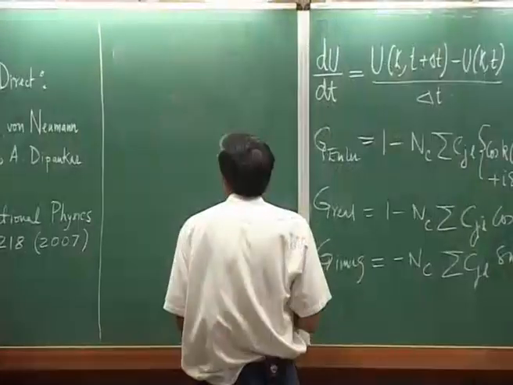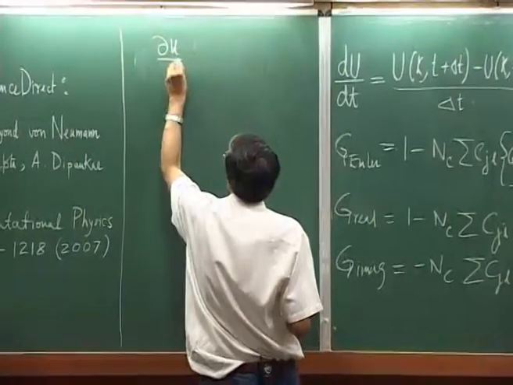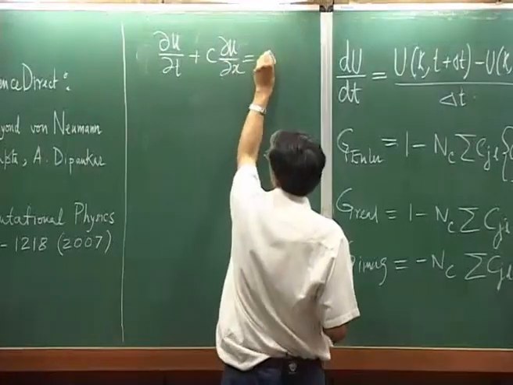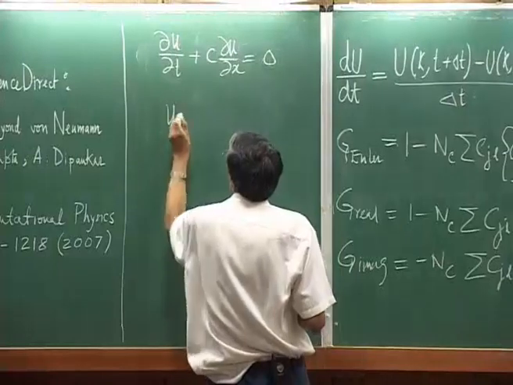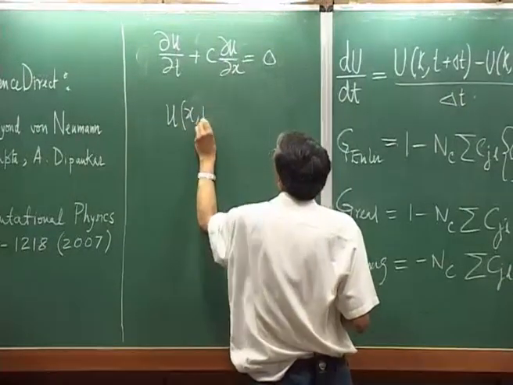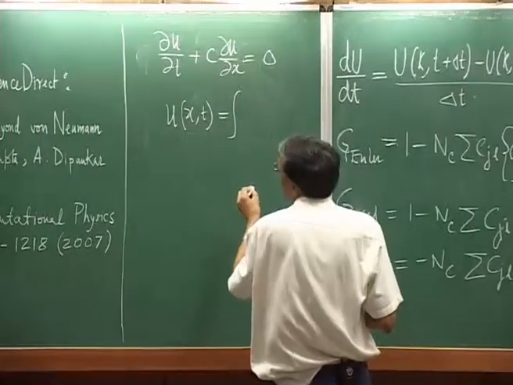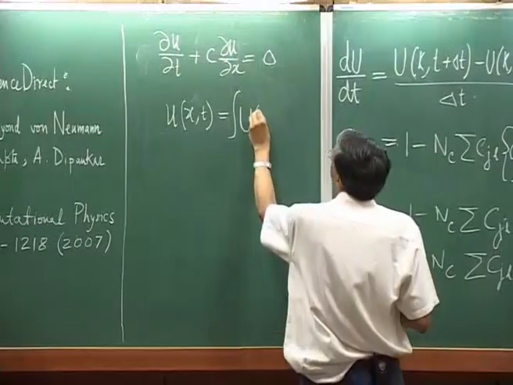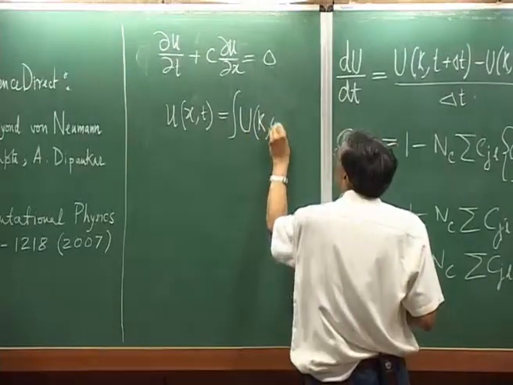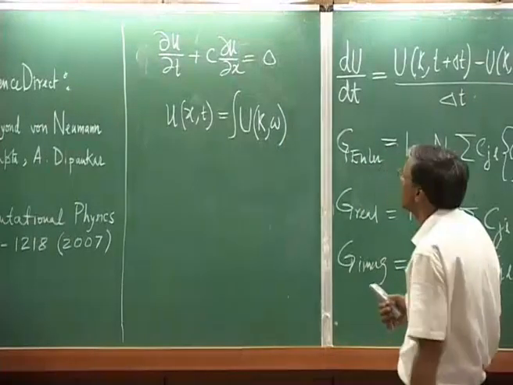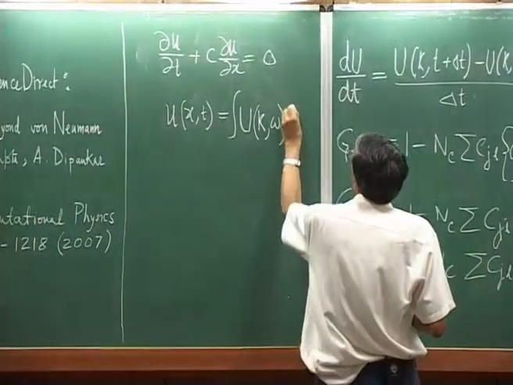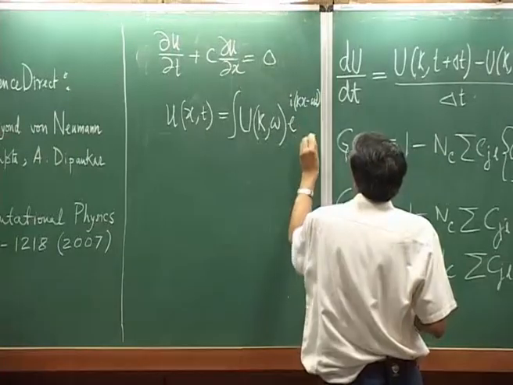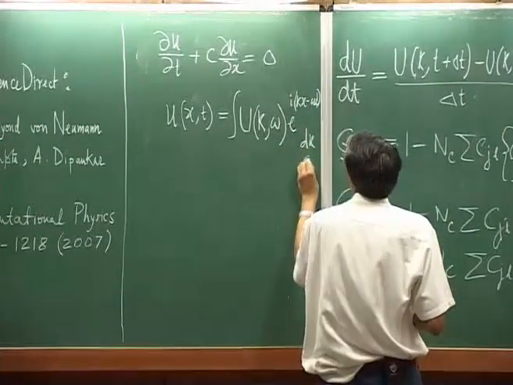the solution is very straightforward. The solution is, as you recall, we would write it like this. If I write in terms of, not in terms of k and t, but let us say now in terms of the frequency itself, if I introduce frequency, then I will have e to the power I k x minus omega t, and dk d omega.